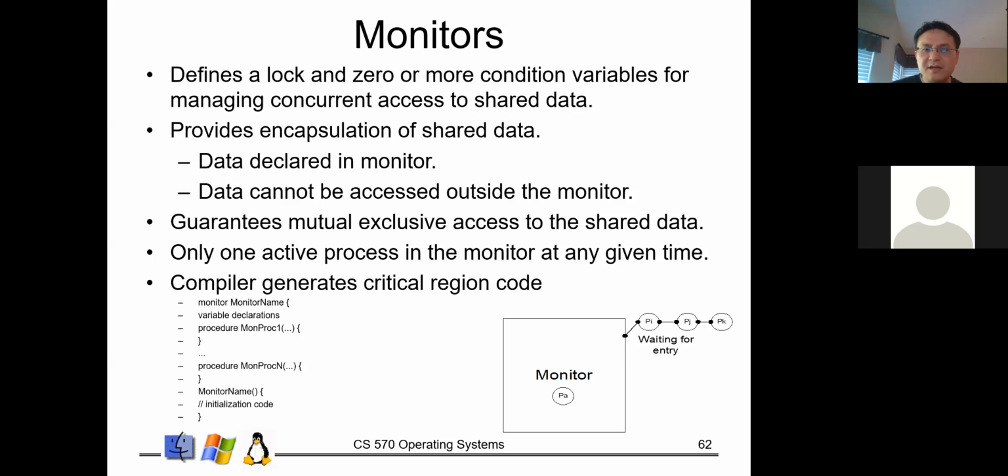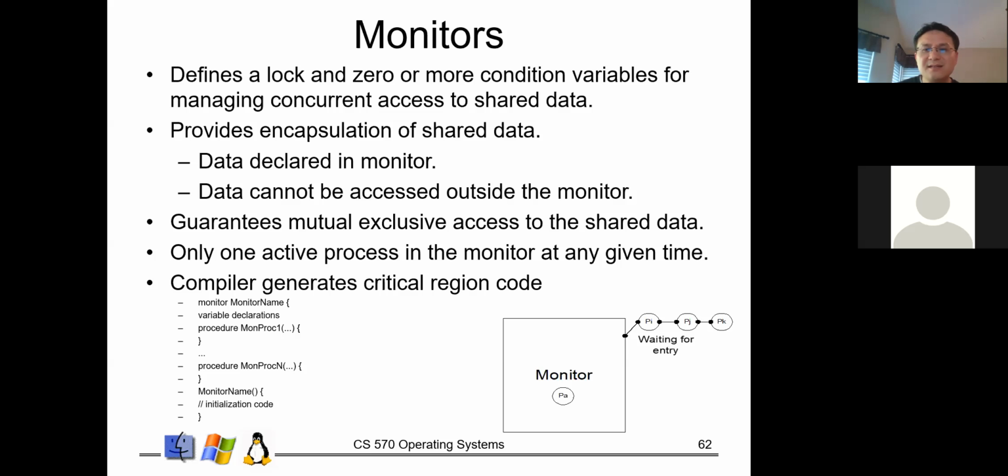In its programming form, a monitor is similar to a class. Like what you learned in any object-oriented programming, right? So what is a class in OOP programming?